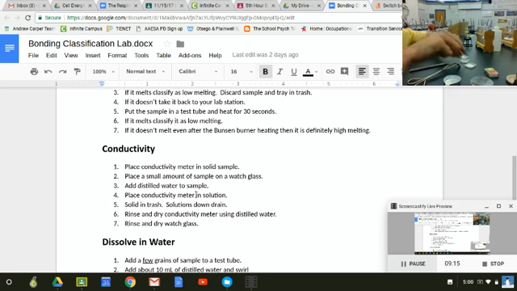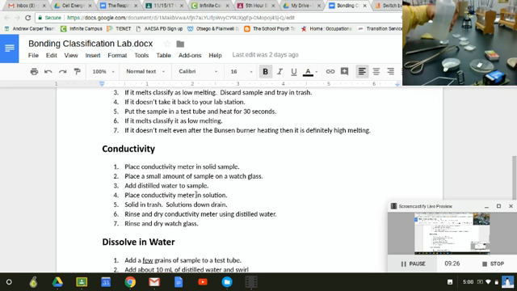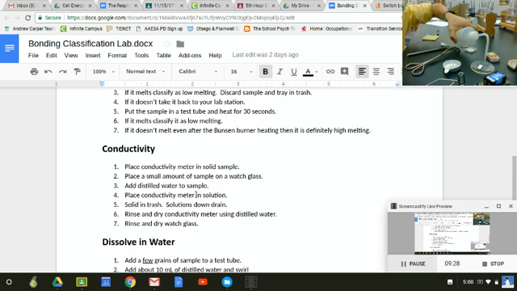And no matter what you have, you're going to put it in the watch glass, and then you are going to take your distilled water, which is over here shared with a jug, and you're going to put that in the watch glass, get it wet, and depending on your substance, it may or may not dissolve.